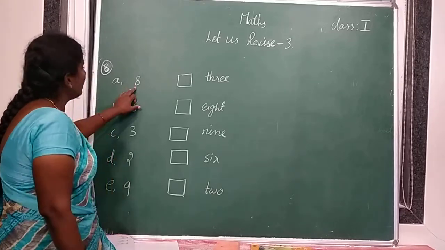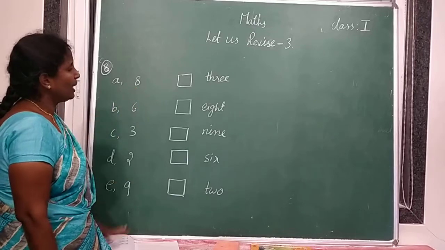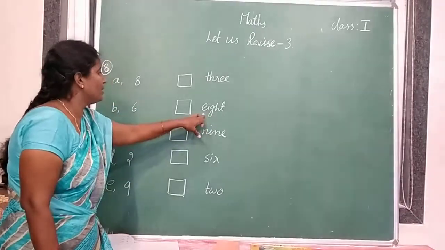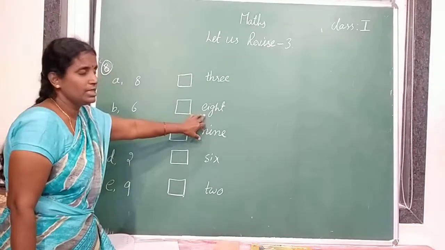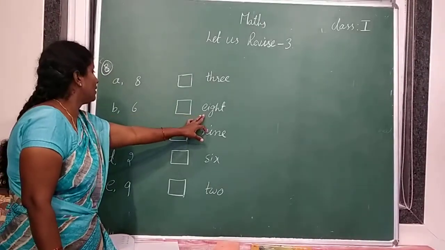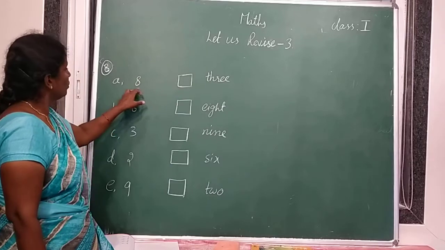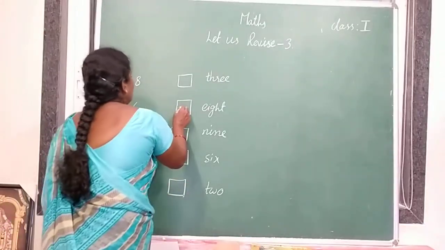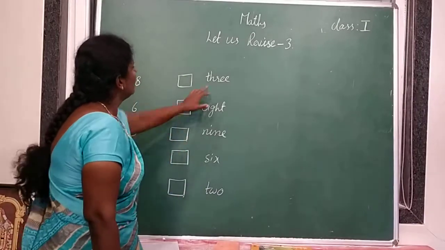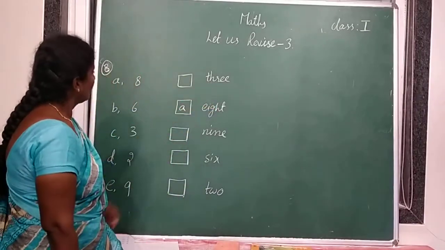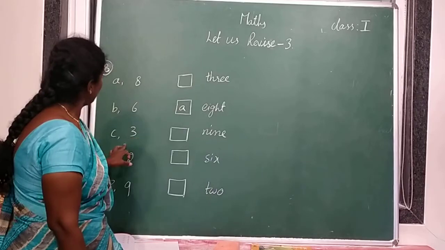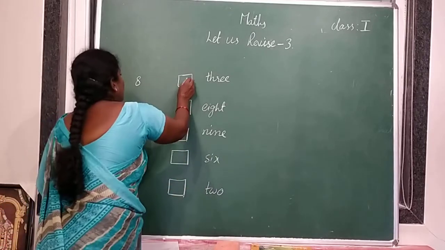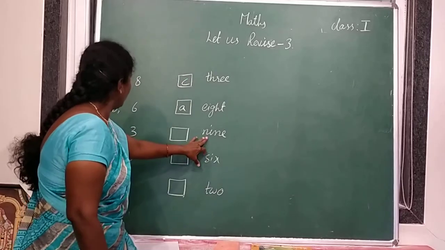See here, 8. Where is its number name? This is 8. Where is the number 8? Here. So what is the letter in front of 8? A. So we should write here A. 3. Where is 3? Here it is. It is nothing but C. Next, 9.